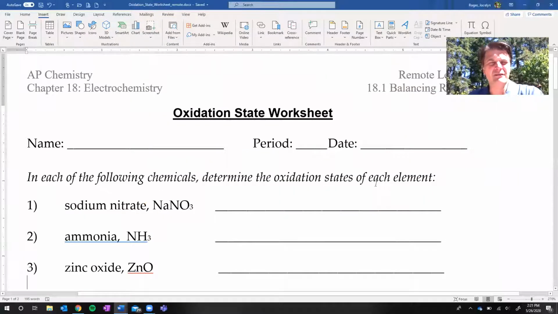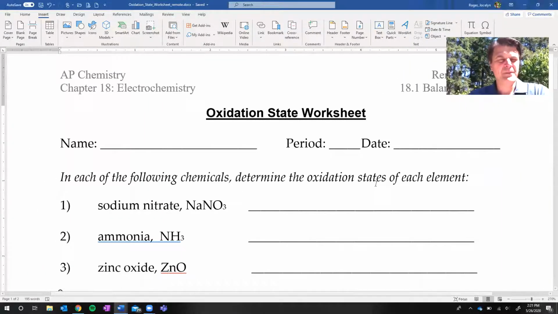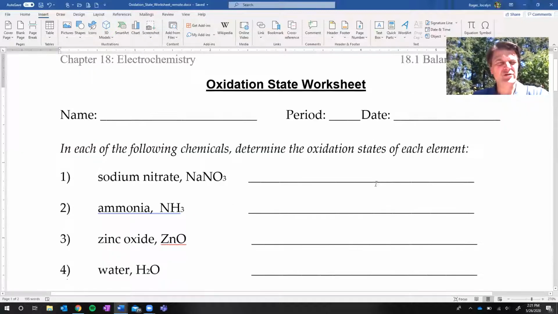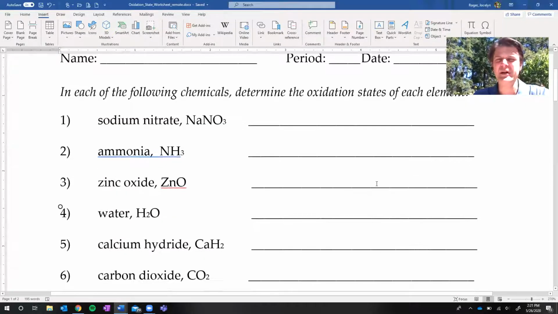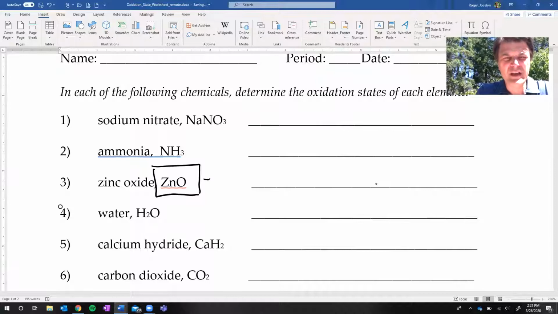So this sheet you have, I've included in your weekly assignment. It's the oxidation state worksheet. So I'm going to do these problems with you. I'm going to start with number 3, zinc oxide. The charge on the whole compound is always equal to 0, right? So that means the zinc, which is a metal, will be positive, and oxygen will be negative.